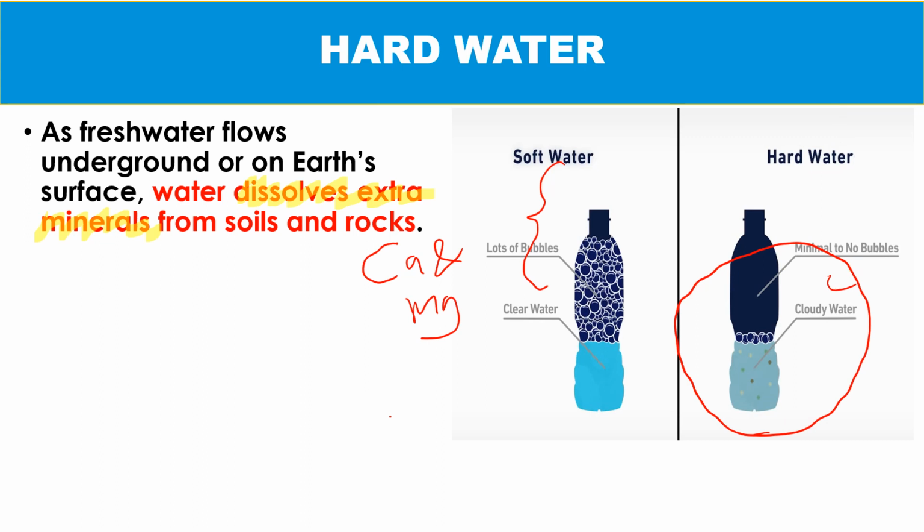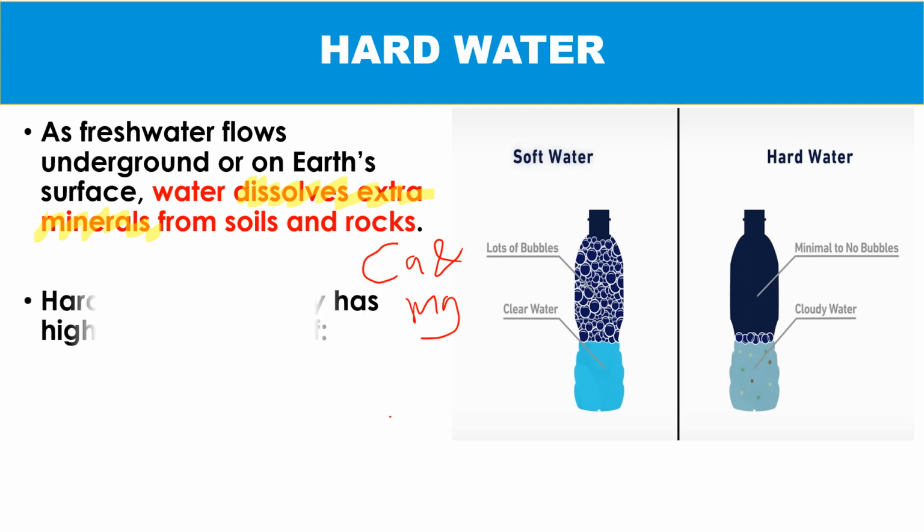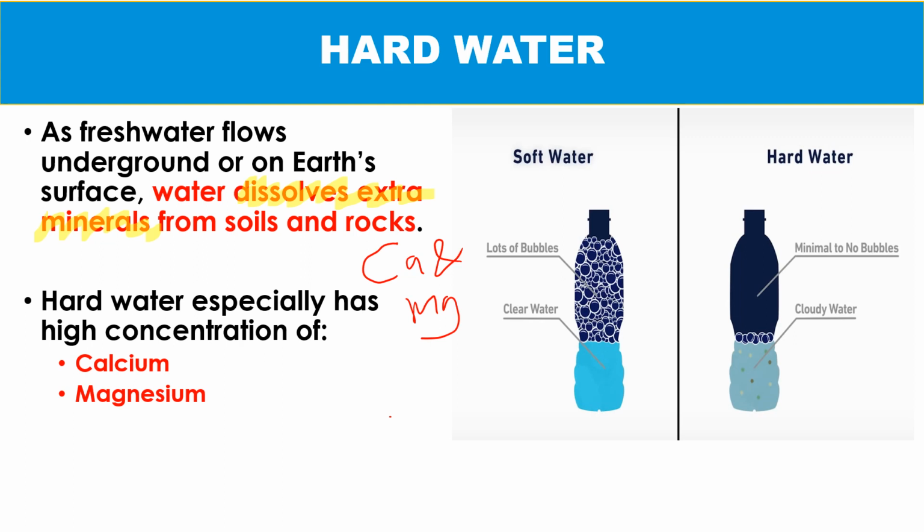So an easy indication: mineral-rich water, hard water, has cloudiness going on, not much bubble. Bubbles disappear pretty fast, minimal to none. On the other hand, soft water is very clear, but has lots of bubbles that stay. And hard water especially has a high concentration of calcium and magnesium.